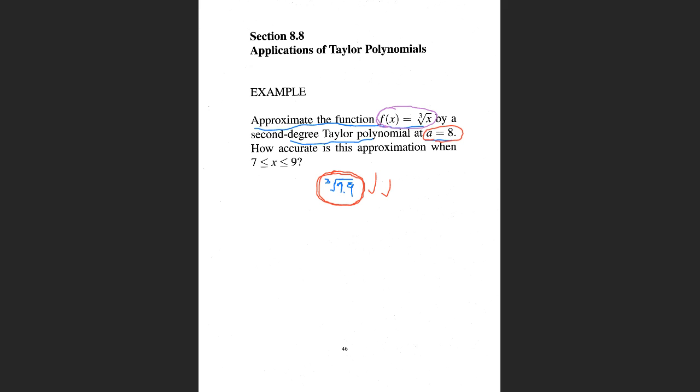I mean, why didn't we use a equals 7? Okay, that's right. Thank you. It's a perfect cube. The cube root of 8 is 2.